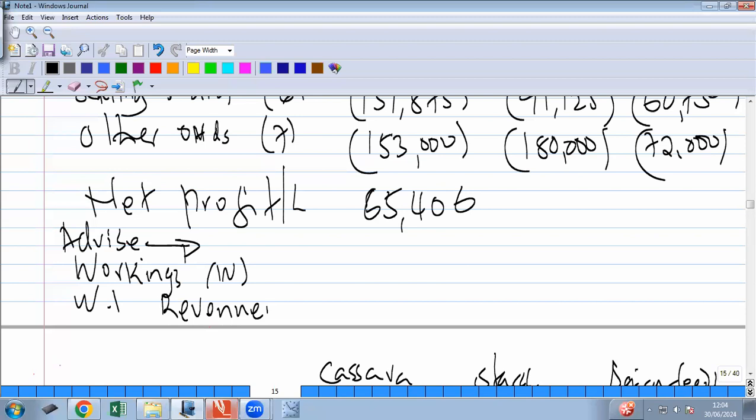Or you can put here a loss, so that in case it's a bracket, it means a loss. Okay, then for starch, my friend, get a counter book.